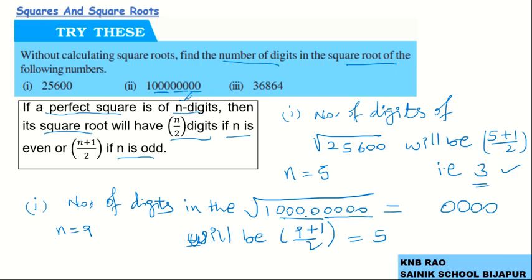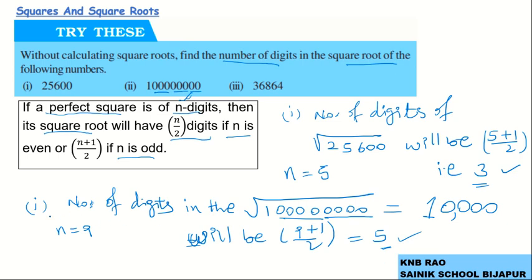So 4 pairs of 10s are there. I have taken those 4 pairs, from them 4 individual 10s, their product gives us 10,000. So this is the answer. So how many digits are there in this 10,000? 5 only, na. Like this you can answer.